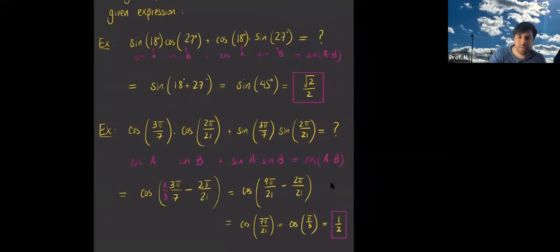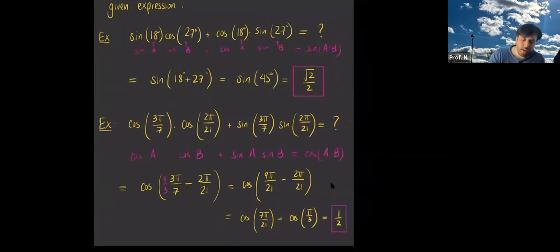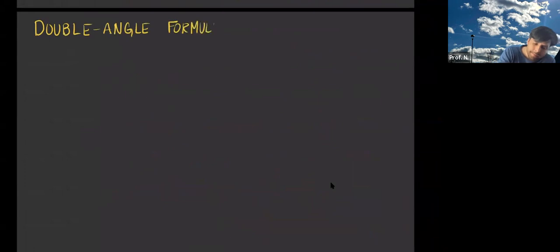So a lot more formulas are coming your way. In particular, we're going to be talking about what are called the double angle formulas. Now, the double angle formulas really are just formulas based upon the sum and difference formulas.